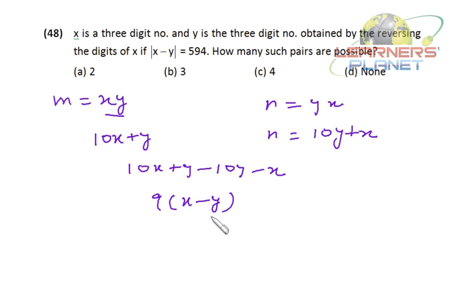That means I can draw a conclusion that if a number has xy as digits, and I am having another number which is obtained by reversing the digits of m, then that difference will always be a multiple of 9, and if I divide that difference by 9, I'll be getting the difference between the digits. Okay, I'll just take some practical examples for that. Just a moment.